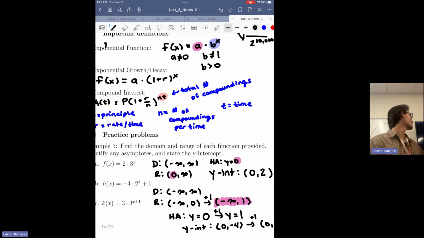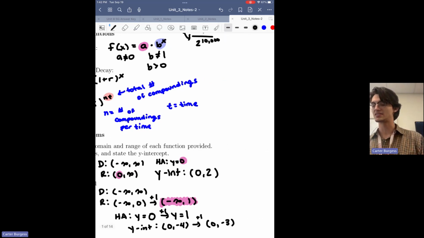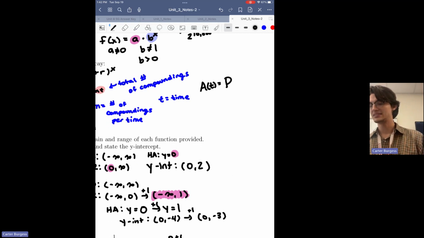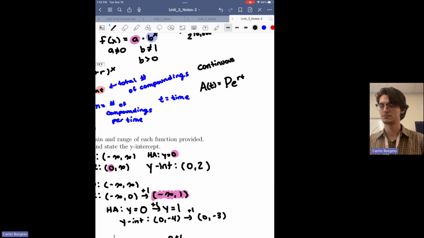Rather than using this 1 plus r over n, where n is going to infinity, we are instead going to say that this is equal to P times e to the rt, very famously known as the PERT equation. This is our continuous model for our growth here.